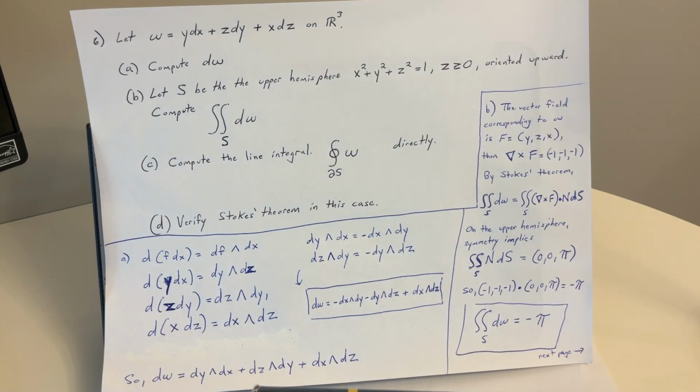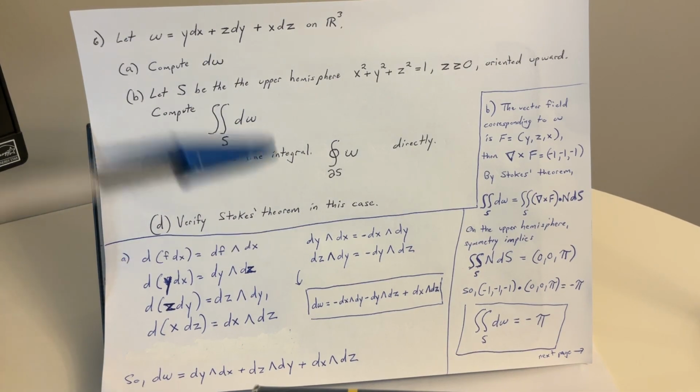Okay, so let's see what we have here. If we substitute here, dw equals dy wedge dx plus dz wedge dy plus dx wedge dz.